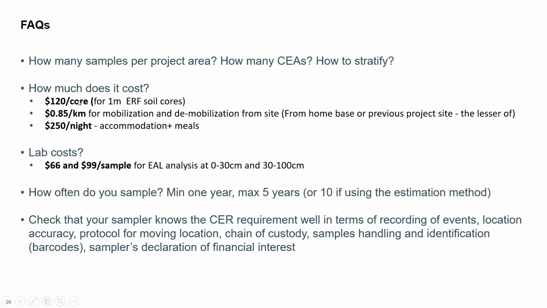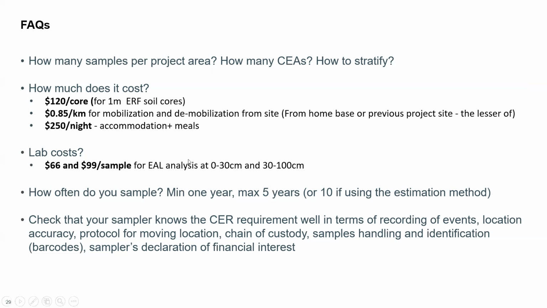So if you've got 20 samples, you've got $2,400 for the coring, and another $250 for one or 2 nights accommodation, plus if the sample travels 100 kilometers, that's another $100, so for 20 samples. But if you're really remote, it'll start to add up. But that's without lab cost.